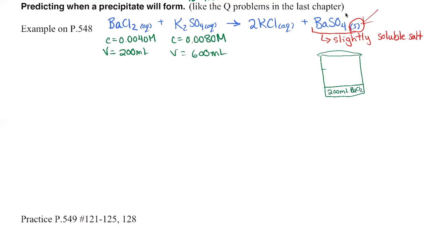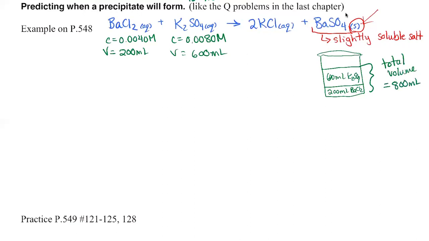And we're putting in 600 mils of the potassium sulfate. So we're mixing all of those together, and that's going to give us a total volume equal to 800 milliliters.